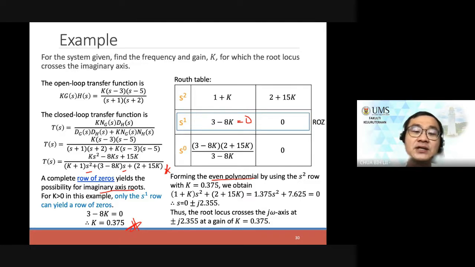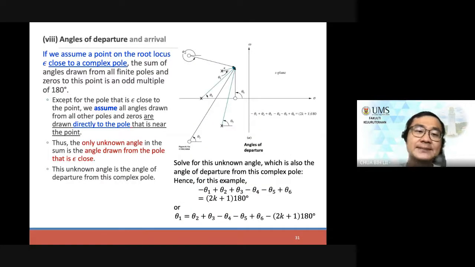Eventually we get s, which occurs at 0 plus minus j2.355. So meaning to say the intersection will be at j2.355 with a gain of 0.375, right? So that is how we can estimate it. The next one that we may be interested in is the angle of departure.